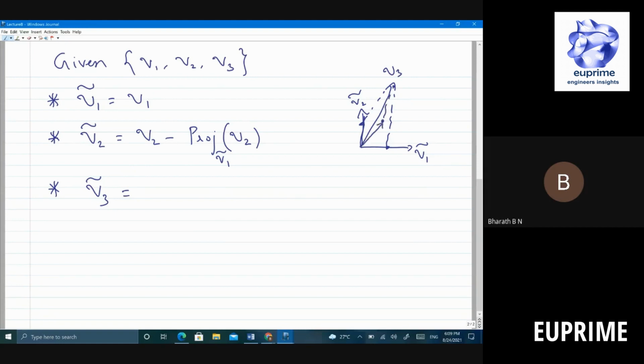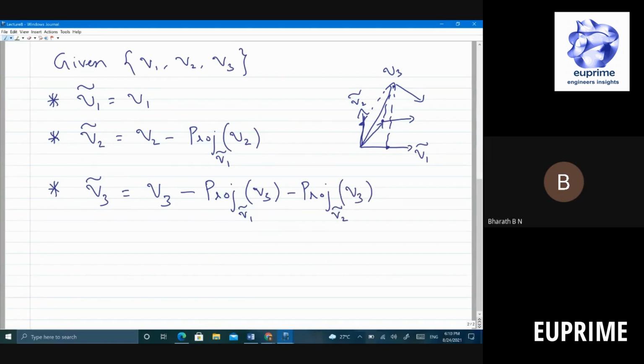So I take the difference of v3 and this vector, right? You take the difference of the two, I get the orthogonal. Do you agree? So what does that mean? It's v3 minus the projection of v3 on v1 tilde minus the projection of v3 on v2 tilde, which will give me v3 tilde.